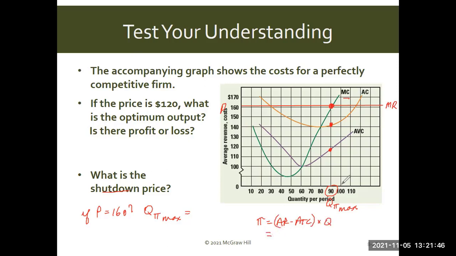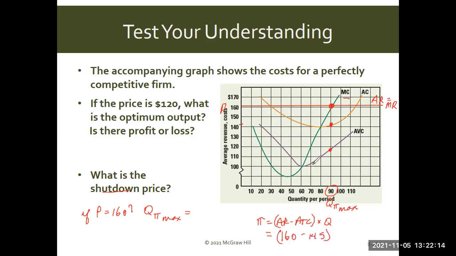What's my average revenue? Well, that's the same as the price. So I go up here and there's my price of 160. I'll even put that on here. This is also average revenue, the red line, equals marginal revenue. So my price is 160. My average total cost is right around here, which I'm guessing is about, let's just say it's 145.